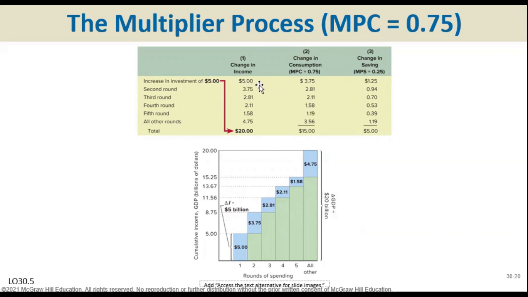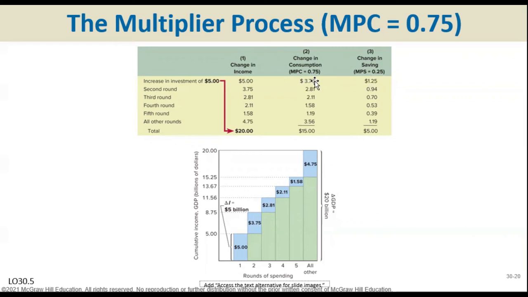Out of this 5 billion that you inject, if the assumption is an MPC of 0.75, people receiving it will consume 75% and put 25% into savings.